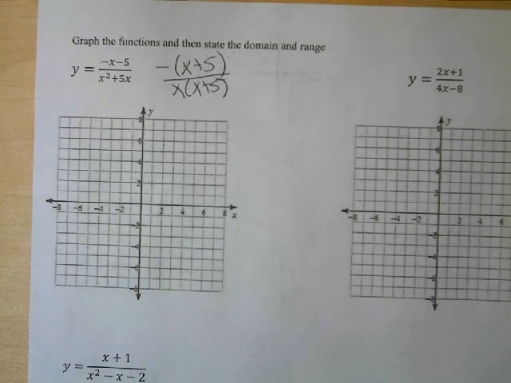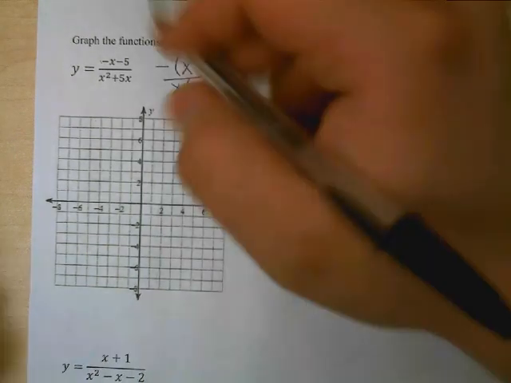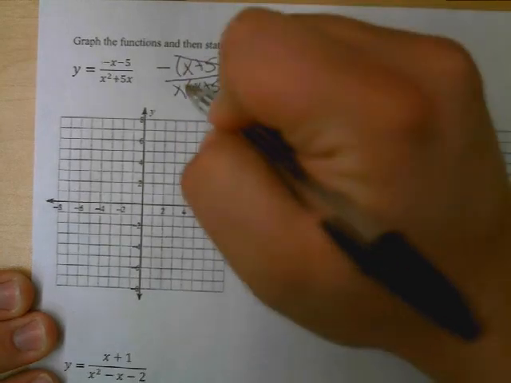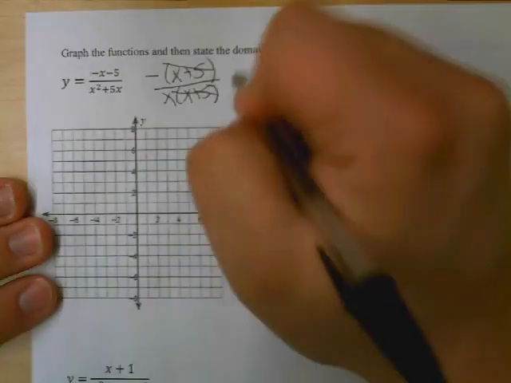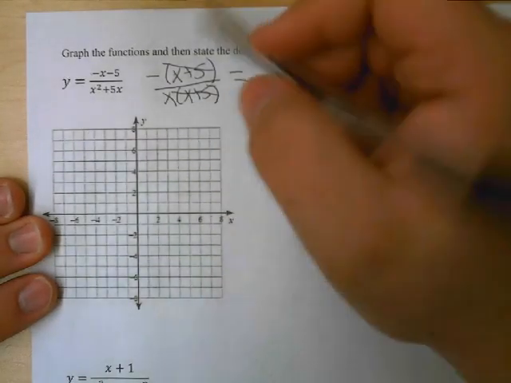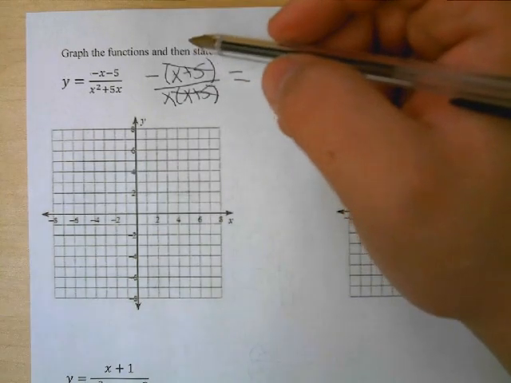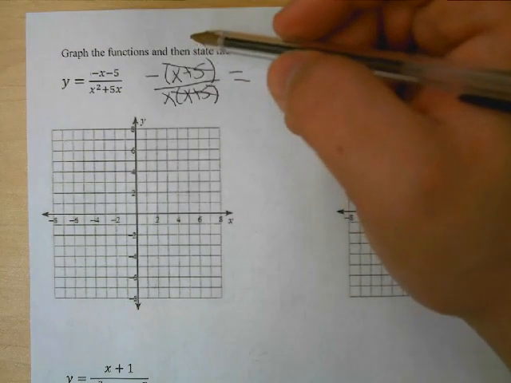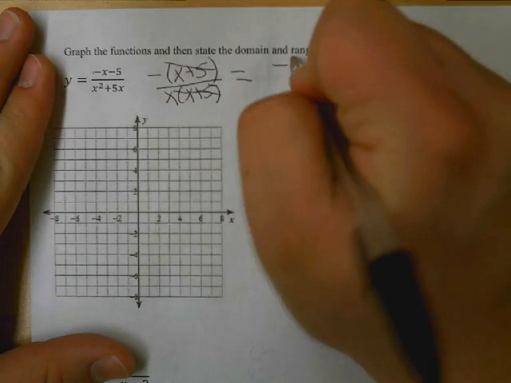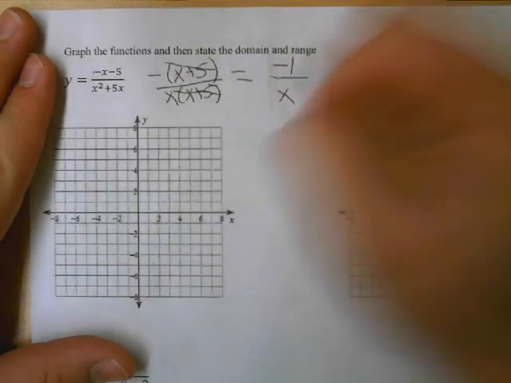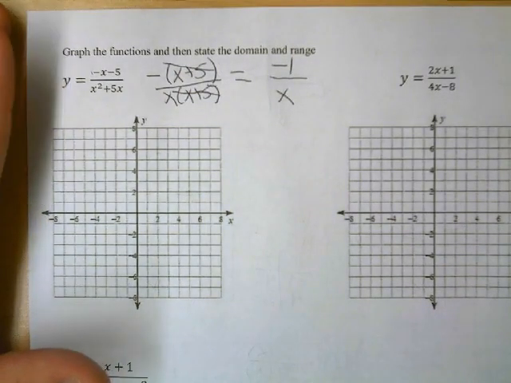Yeah, both have an x plus 5, so they cancel out. When something is divided by itself, what does that equal? 1, right. So I'm left with negative 1 over x.